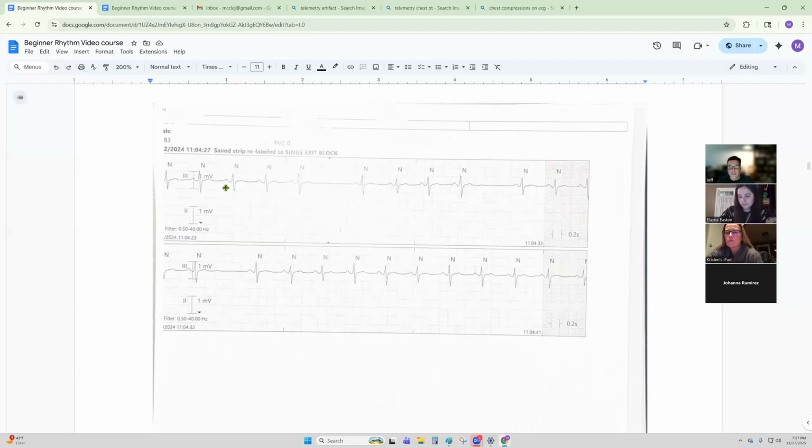So I march out the P waves, but if you have a consistent PR interval, the R is going to do the same thing, right? Mm-hmm. So you can do P to P, you can do R to R, but like she said, this R to R is going to match this R to R, or this P to P is going to match this P to P. Same difference.